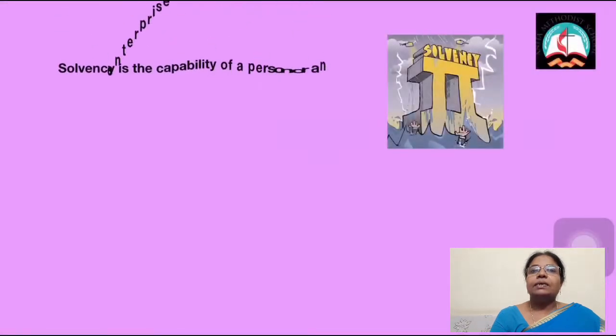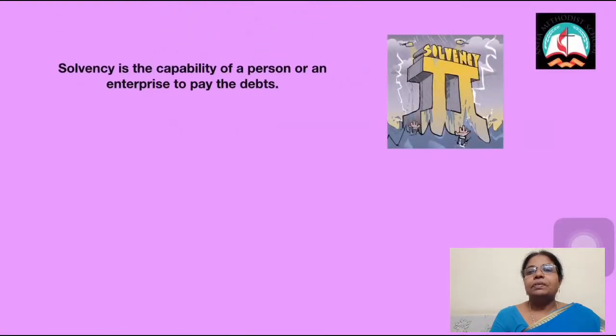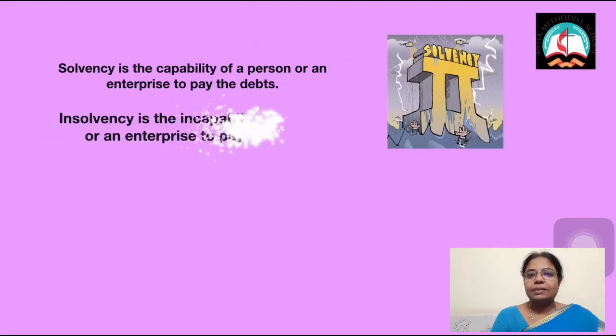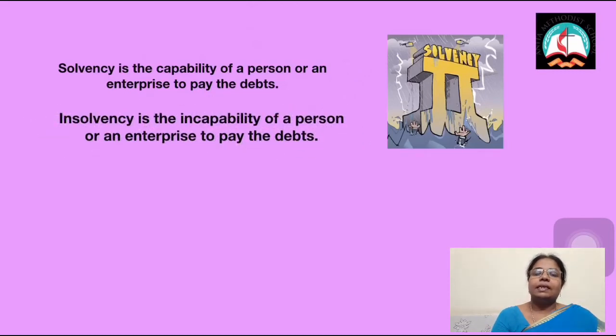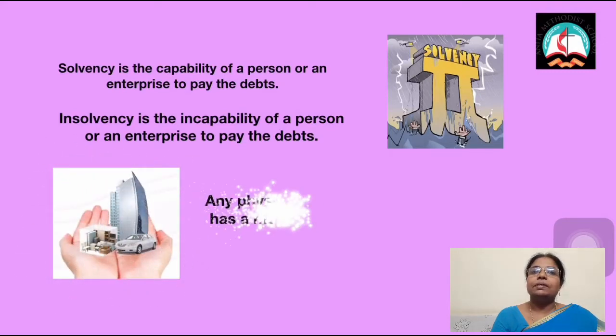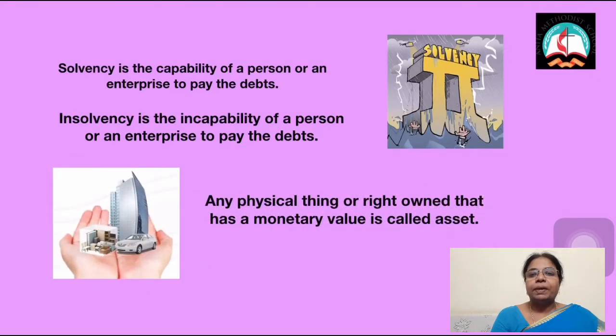And the next one is solvency. Solvency means the capability of a person or an enterprise to pay any debts. So it is the capacity of a person to pay the debts. Insolvency means incapability of a person or an enterprise to pay the debts.